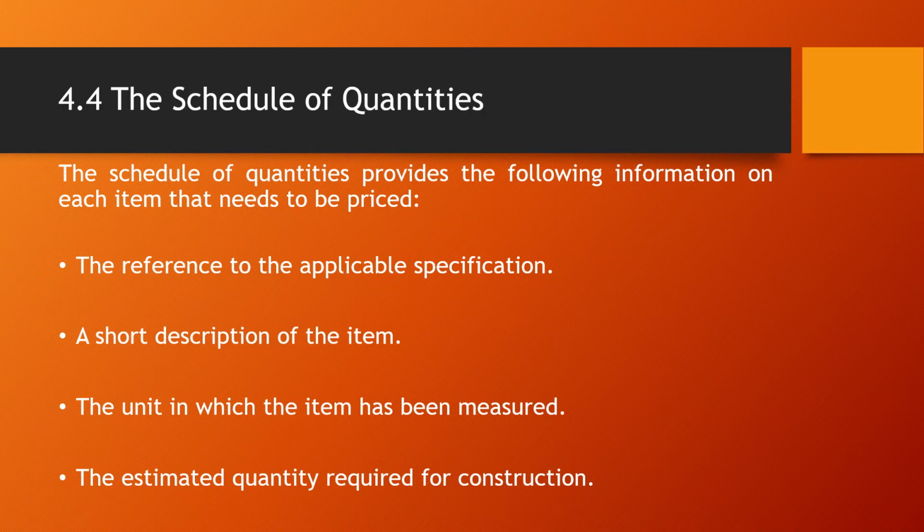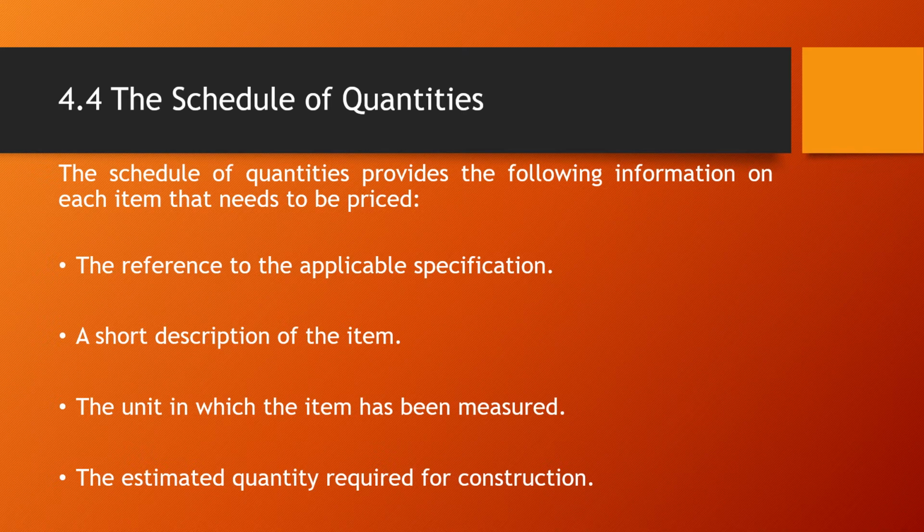Let's just say, for example, you're going to be casting concrete. The unit will be cubic meters, and then you could have, say, 36 as a quantity, 36 cubic meters of 25 MPa concrete cast in situ. So that would be something typical on the bill of quantities.